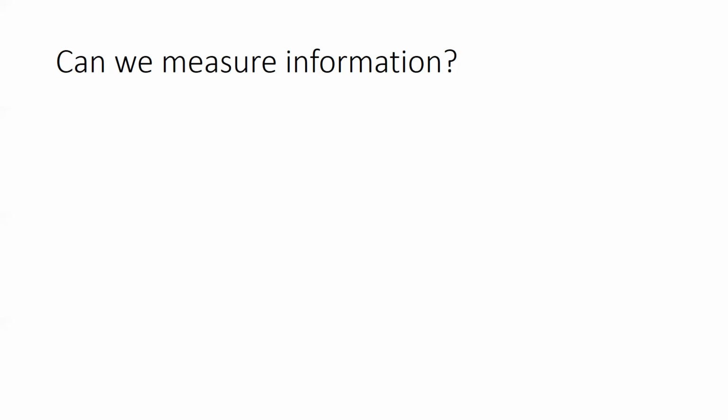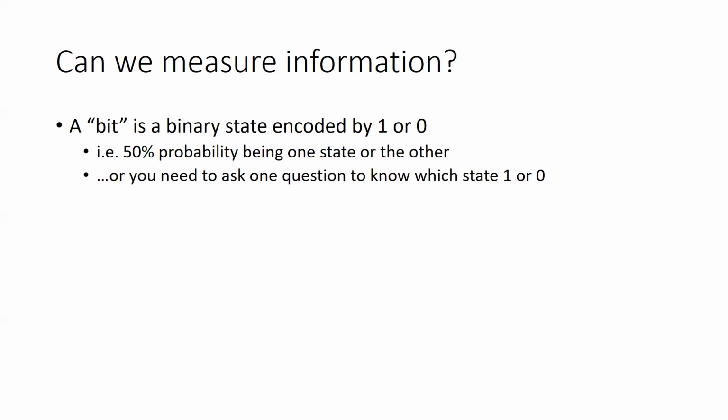And so, can we measure information? Yes, we can. I'm sure you've all heard of bits, 64-bit cartridges and so on, bits in our computer. But when I'm talking about a bit here, I'm talking about a binary state encoded by 1 or 0. So I think you'll all be familiar with a binary bit. In a binary bit, we assume there's a 50% probability of being either 1 or 0, and you only need to ask one question to split this data.